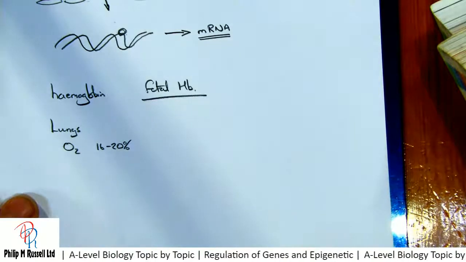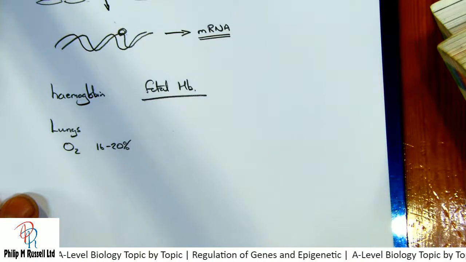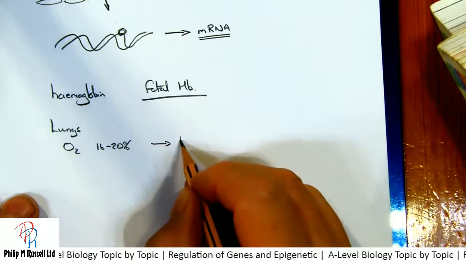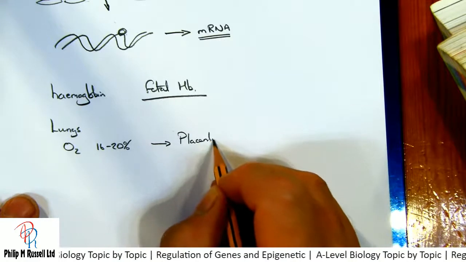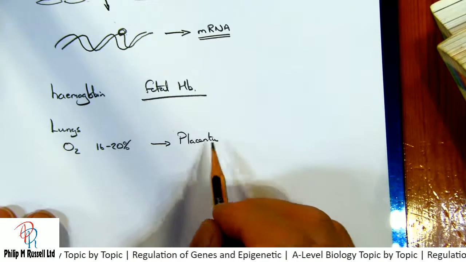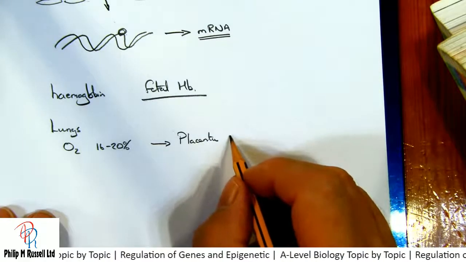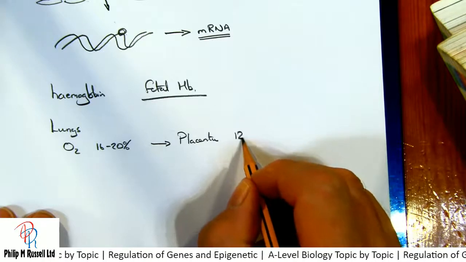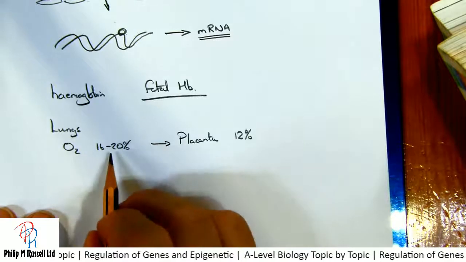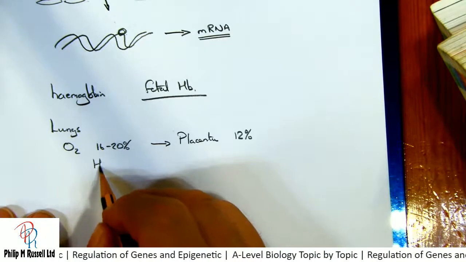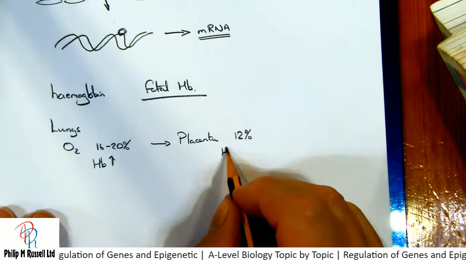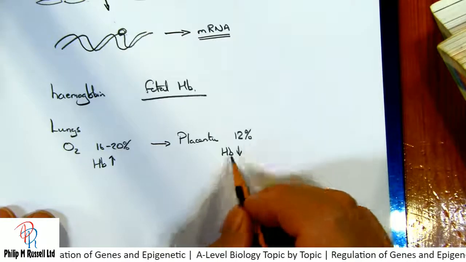When the oxygen goes around in the blood, it arrives at the placenta, and at the placenta we've got oxygen now at a lower concentration. Let's say the concentration here is now going to be 12%. So at this sort of percentage, the hemoglobin is going to release the oxygen.